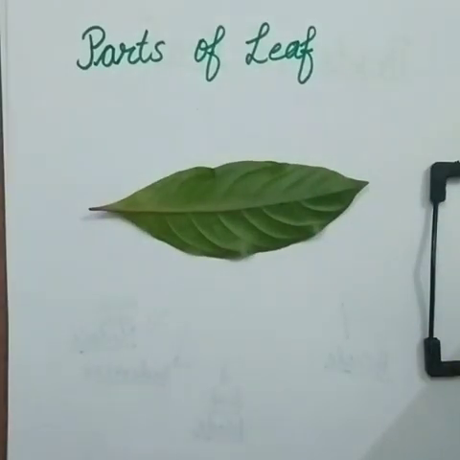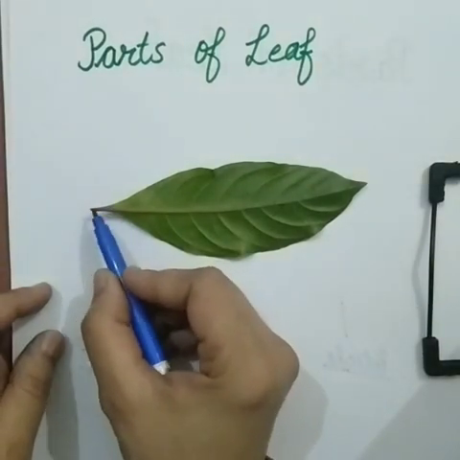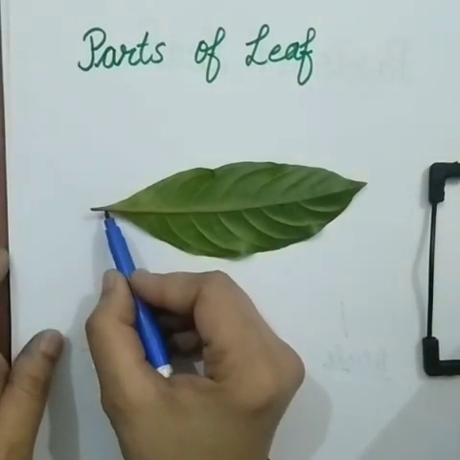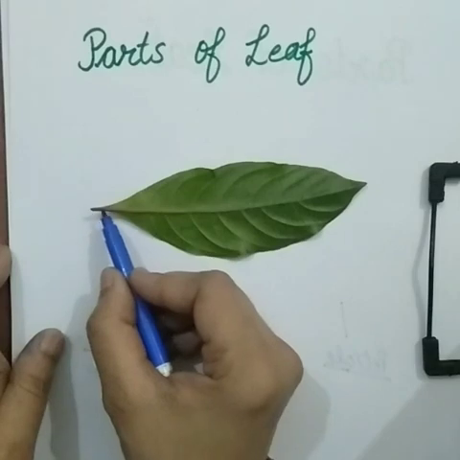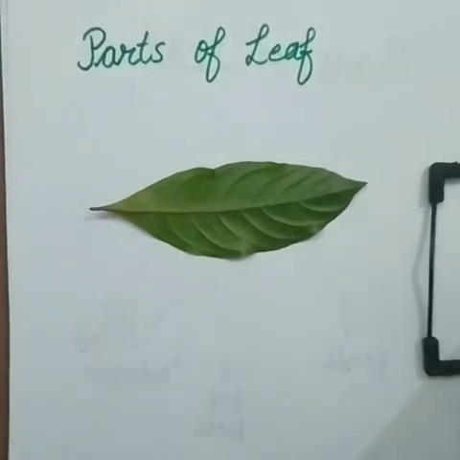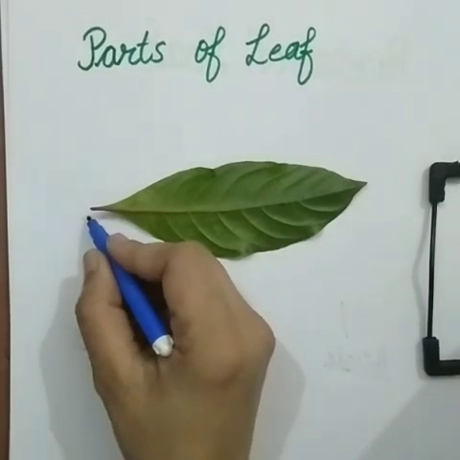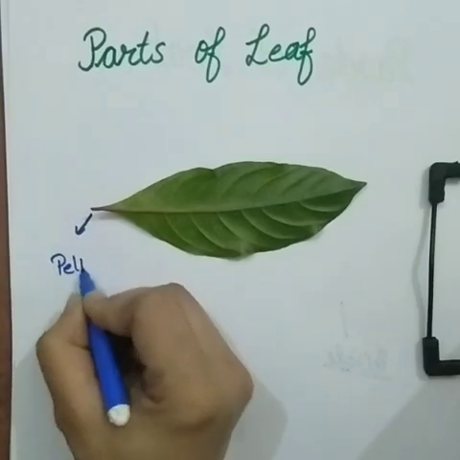See, you can see a stick-like structure here. This is the part of the leaf through which it is attached to the branches or stem. This part is called petiole. What do we call it? Petiole.